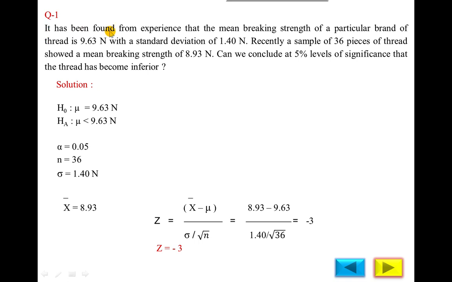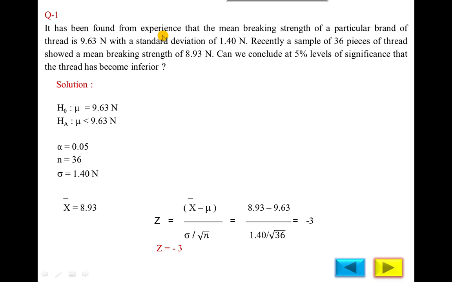So "it has been found from experience" indicates surety, the population value, the parameter value. Mean means mu. Why? Because if you calculate the mean on the basis of large data, it is represented by mu, the population mean. The breaking strength of a particular brand of thread is 9.63. This is the population mean, mu. With the standard deviation 1.40 Newton, this is sigma, the population standard deviation, because it has been found from experience, meaning large previous data obtained on the basis of research.